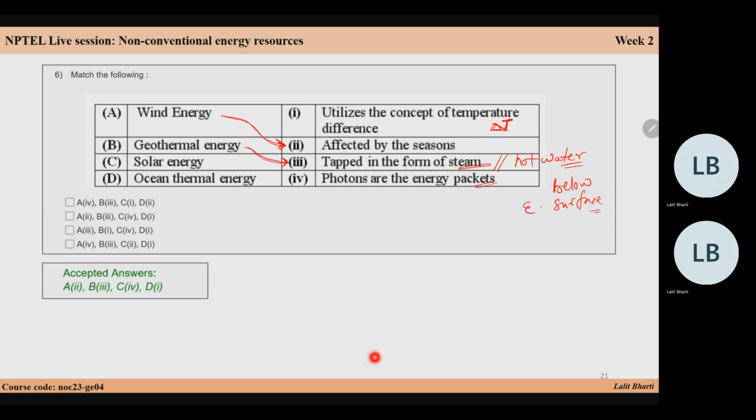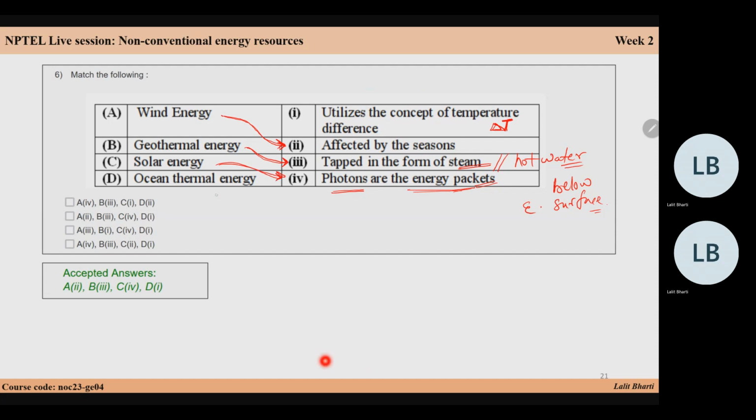Next, the solar energy. It is clear that in solar energy, photons or the light, the sunlight, is converted into electricity. So the photons are the source, or these can be called energy packets. So yes, in solar energy, photons are the energy packets.